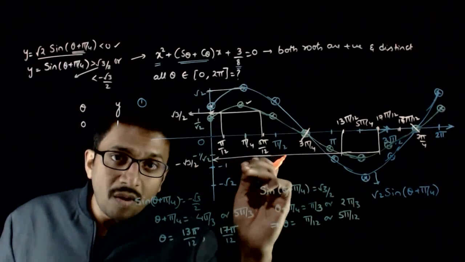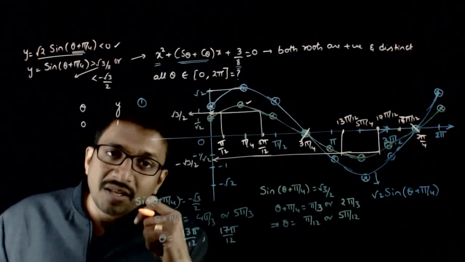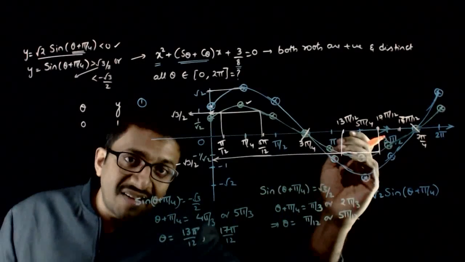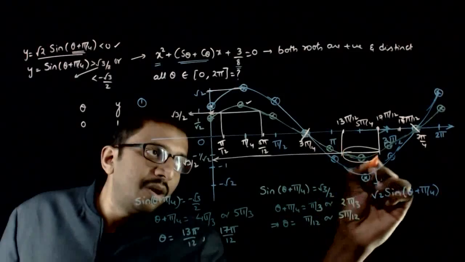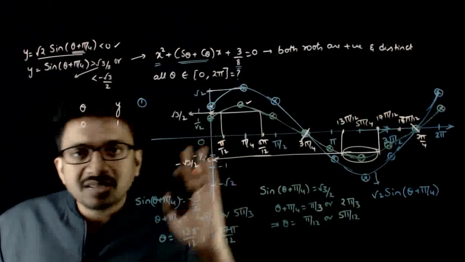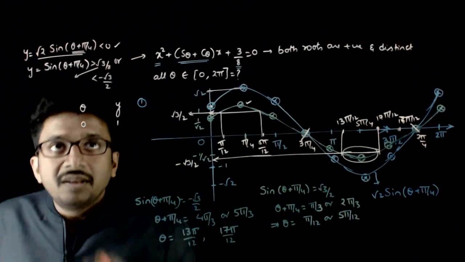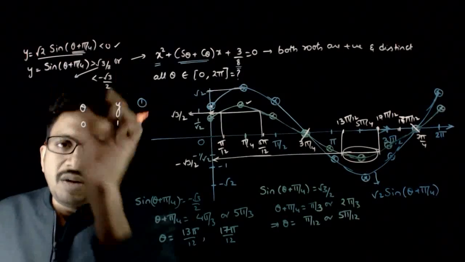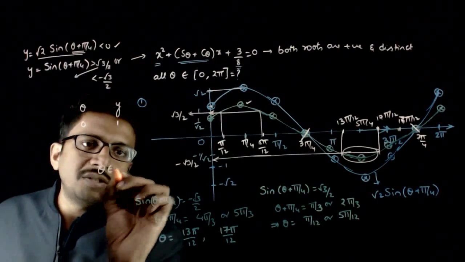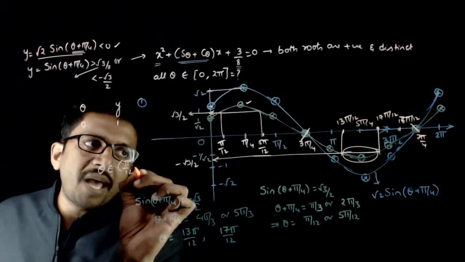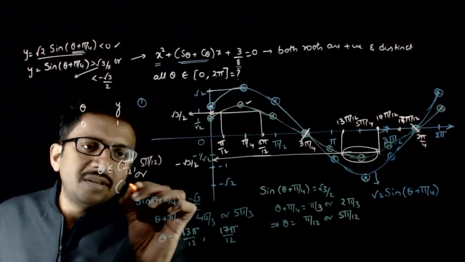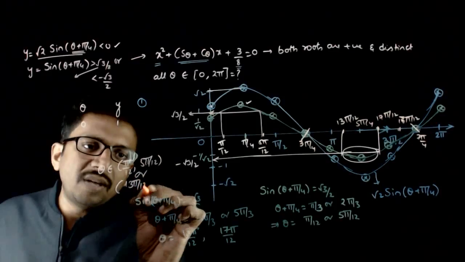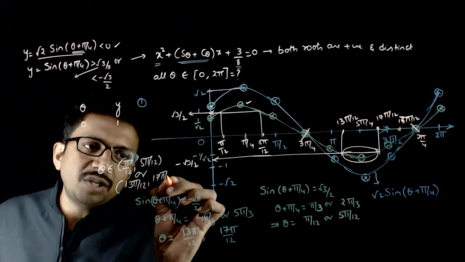Now I want the value of y less than minus root 3 by 2. That is, the graph should be below this. That means my theta belongs to 13 pi by 12 and 17 pi by 12. So the answer to this inequation is theta belongs to pi by 12 comma 5 pi by 12 or 13 pi by 12 comma 17 pi by 12.